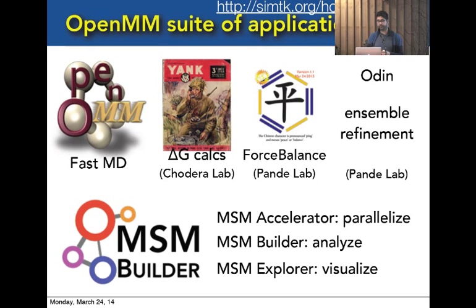In time we have new projects for refinement of structural ensembles, a code called Odin, which TJ Lane in my lab is working on. And finally, as you'll hear about later, MSM tools are starting to become quite mature, and we have tools for running calculations like MSMAccelerator, for analyzing calculations like MSMBuilder, and for visualizing.